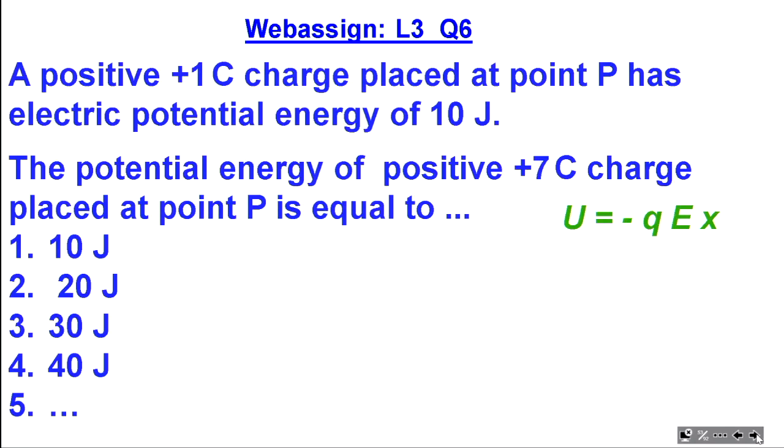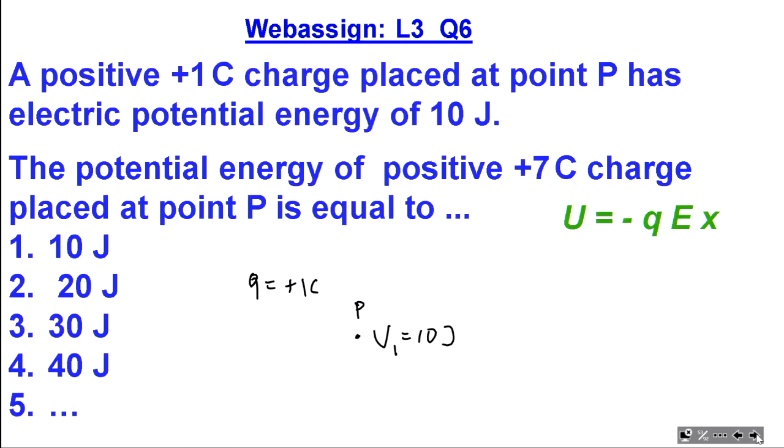And now, answer this question. A positive charge, Q equals plus 1 coulomb, is placed at a location, point P, where the potential energy is equal to 10 joules. Okay. So here, the potential energy of this charge equals 10 joules. That's what we know.